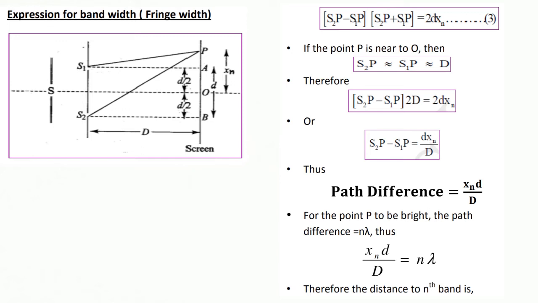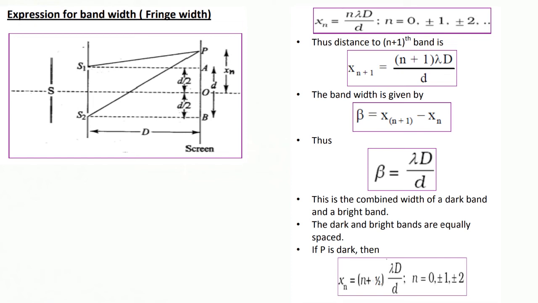Thus Xn d divided by D equal to n lambda. Therefore, the distance to the nth band Xn is equal to n lambda D divided by small d, where n is equal to 0, plus or minus 1, plus or minus 2, etc. The distance to the (n plus 1)th band is Xn plus 1 equal to (n plus 1) into lambda D divided by small d.